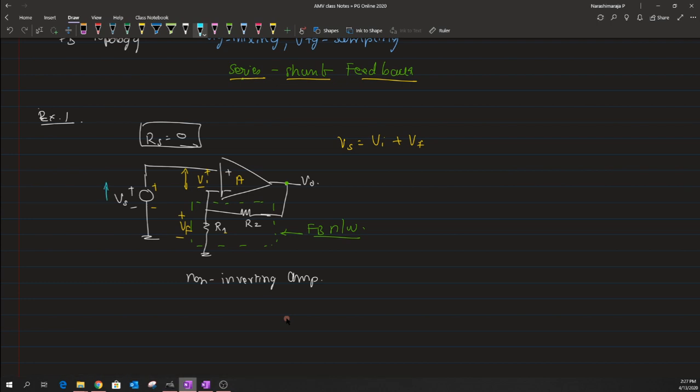So let us try to increase this voltage Vs. When we increase this voltage Vs, the increase in Vs will obviously try to increase the value of Vi as well, and in short our V naught will also rise up. And as I said earlier, the Vf will also have to have the same direction.